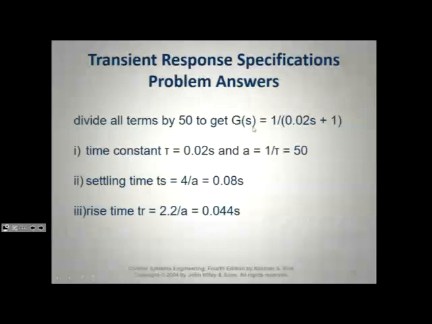But so we have the time constant is 0.02, which is 1 over 50. The settling time's 4 of them, and the rise time's 2.2 of them. It's quite straightforward, quite easy. Yeah. All that. Any questions about that? Just because I say it's easy and you've got a question, don't feel that that's a bad thing. It might just be that I've explained it badly.